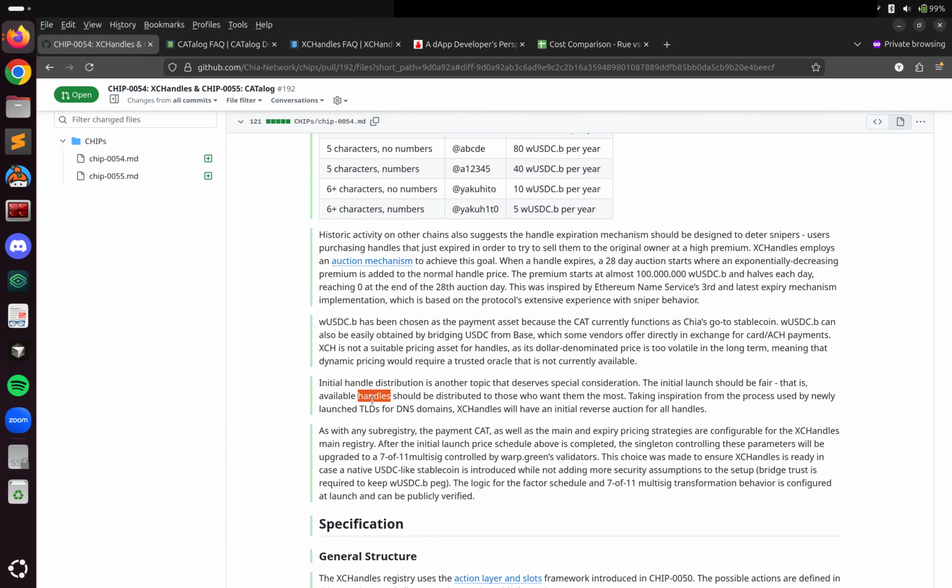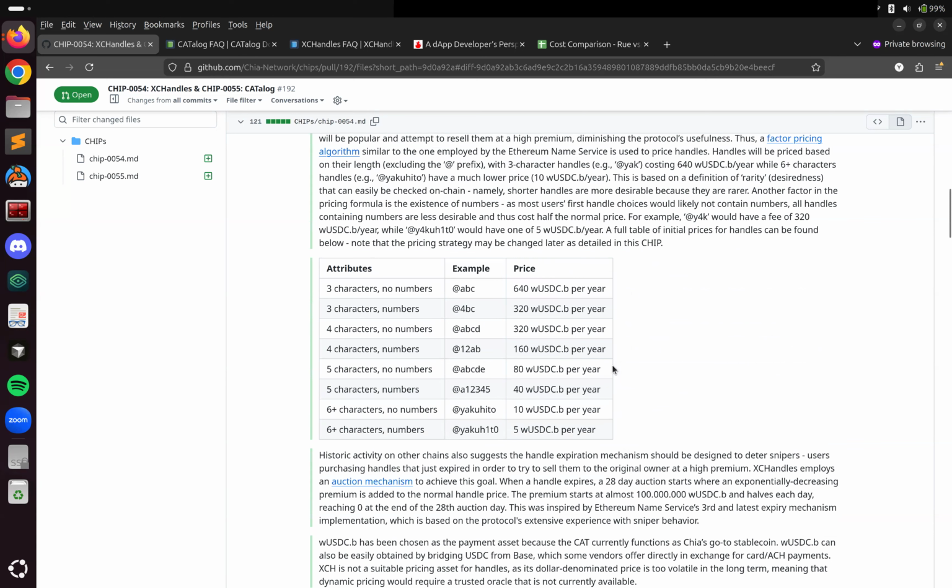So what will happen is at XCHandles launch, you'll have all these prices multiplied by a factor, which again, is really high on the first day. But the idea is that only those people that really, really want a handle will pay the registration price on the first day. It will then gradually lower after a few weeks. I think it's either 1 or 2 weeks, the time period is in the CHIP.